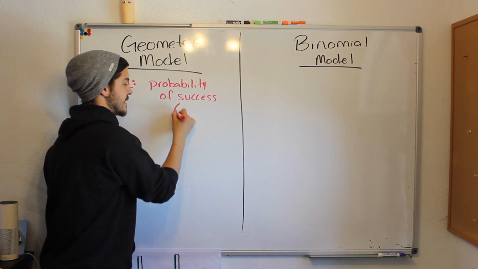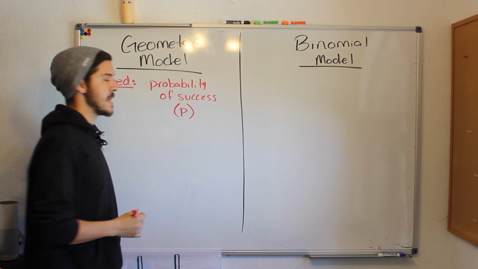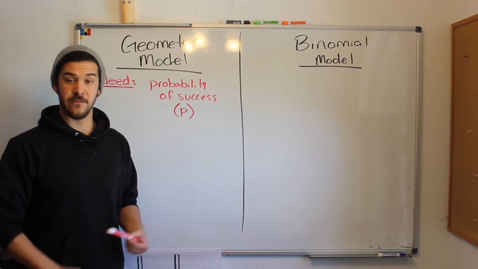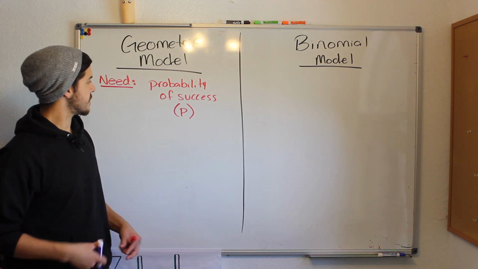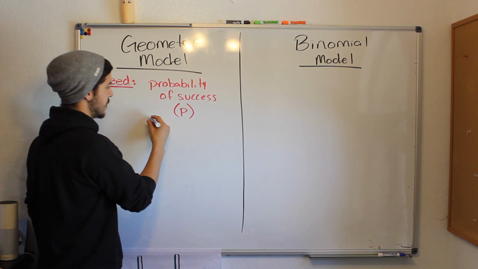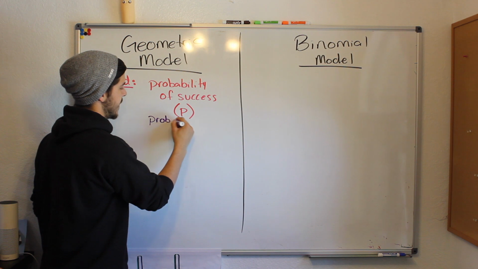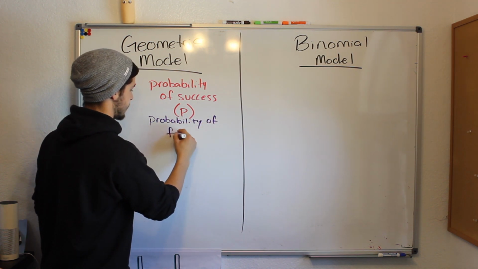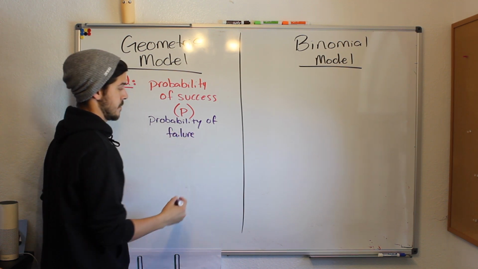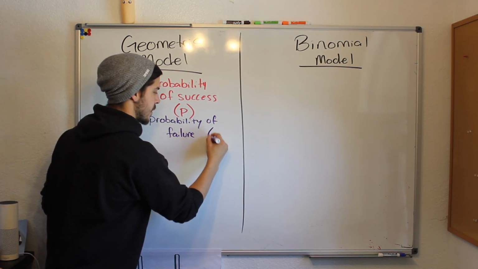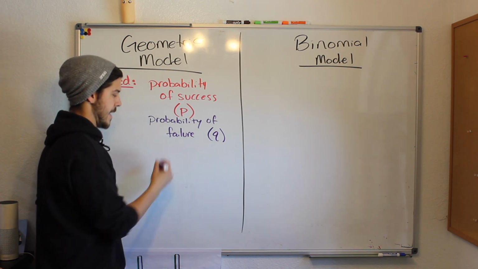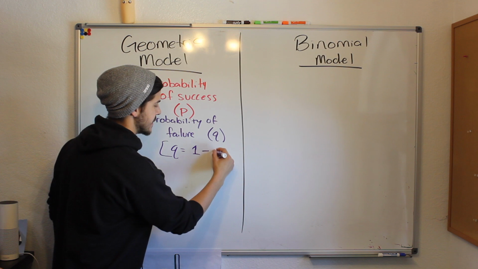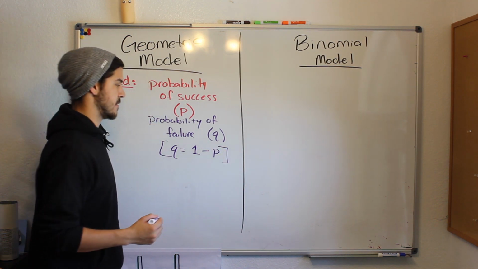The probability of success is denoted with the variable p, and we can use this to determine the probability of failure. The probability of failure is equal to the variable q, and in this case, q is equal to 1 minus the probability of success.